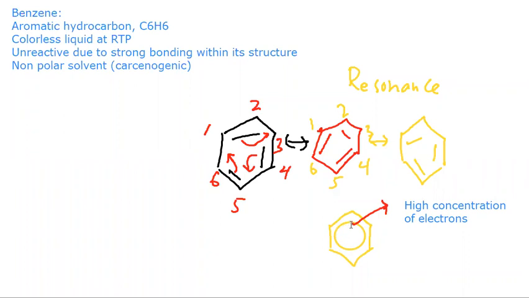The resonance of electrons makes benzene very unreactive. The unreactiveness of benzene is due to the high concentration of electrons here. Therefore, benzene favors substitution reaction.